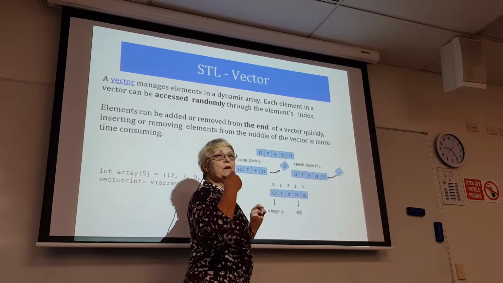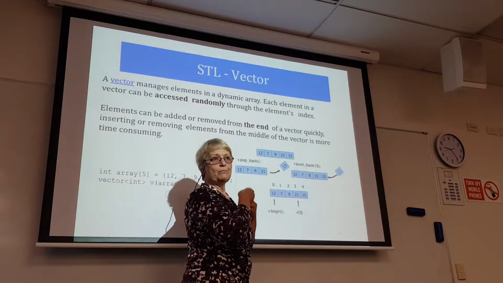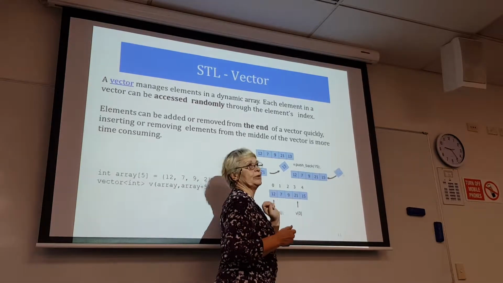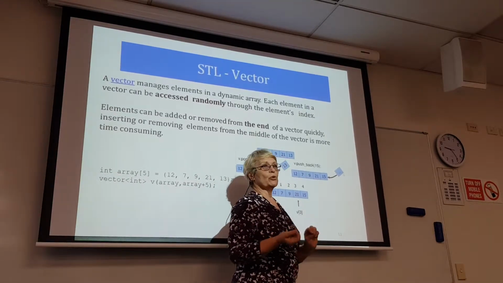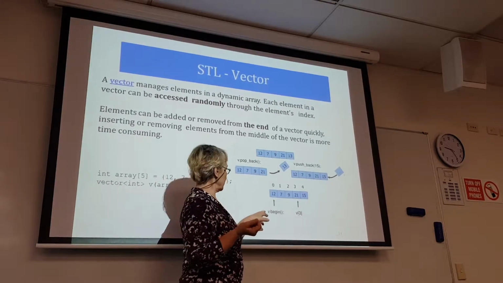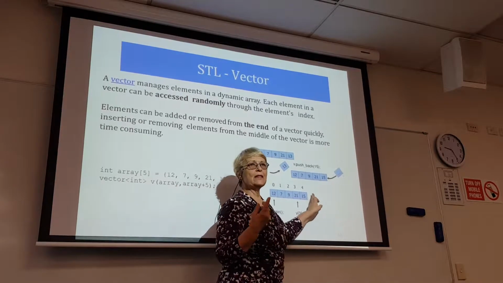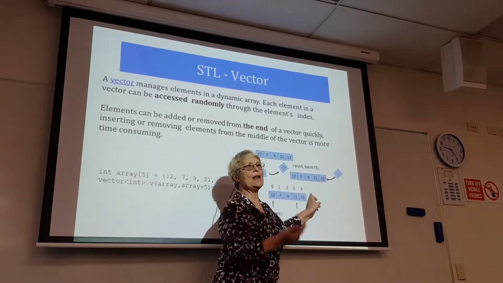The begin and the end return pointers, iterators, we say. Be aware, the begin is a pointer. The end is a pointer. To get access to 12, you dereference the begin. You never dereference the end because there is no element there.